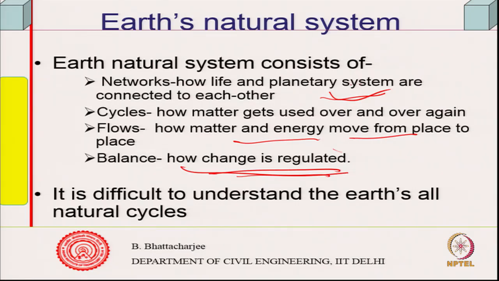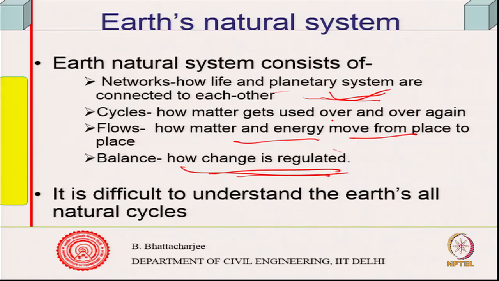So, the natural system first is the life and planetary systems, which are connected to each other. How much matter can we use over and over again? For example, water: there is a cycle.